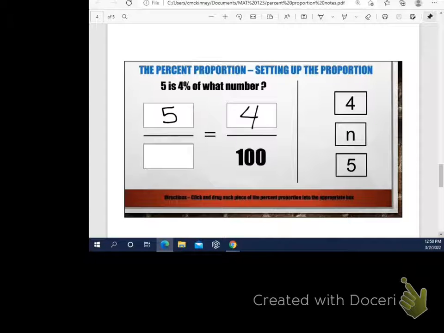Why on the top? Okay, so 5 is, and then we said of goes on the bottom, and it says of what? After of, it says what? So that's the number we don't know. That's where my x or my n, whichever variable you choose, goes.